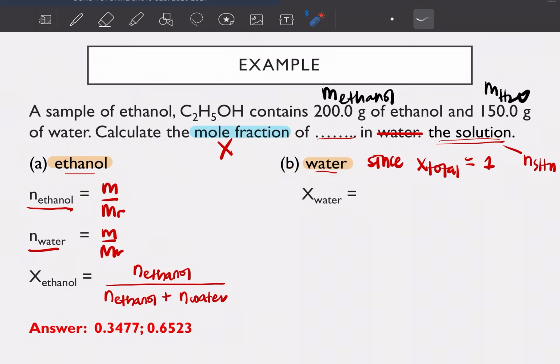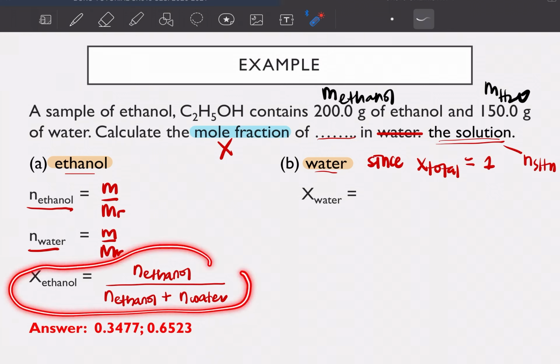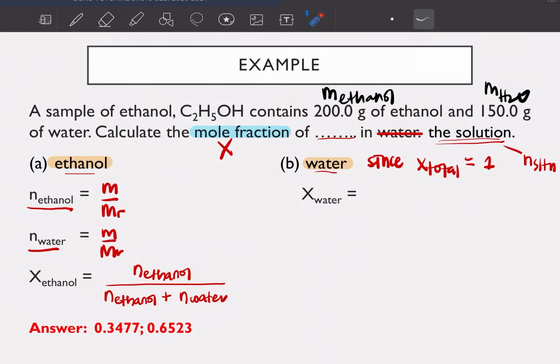Okay, how do we do that? Adakah kita boleh guna macam ni, this formula juga? So instead of mole of ethanol, awak letak mole of water. Okay, you can use that, or you can use a shortcut. Since we know that the total mole fraction will be equal to 1, we can just put 1, X total, minus mole fraction of ethanol.